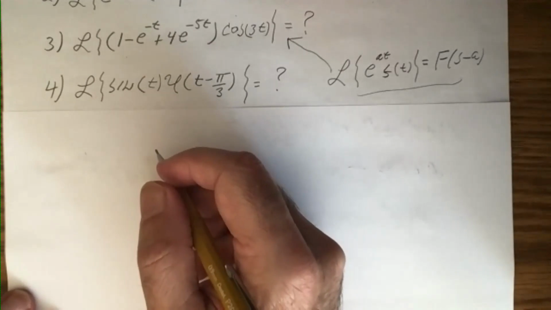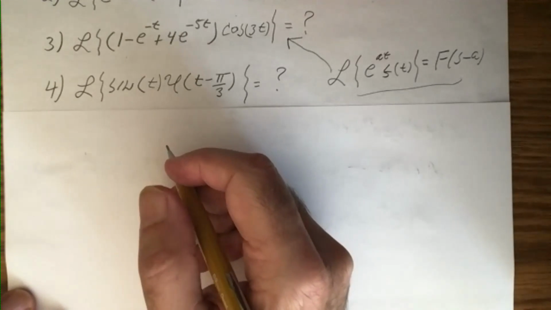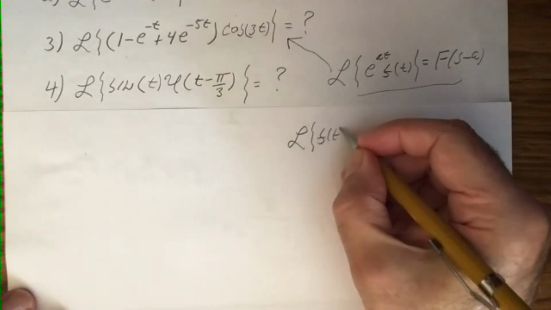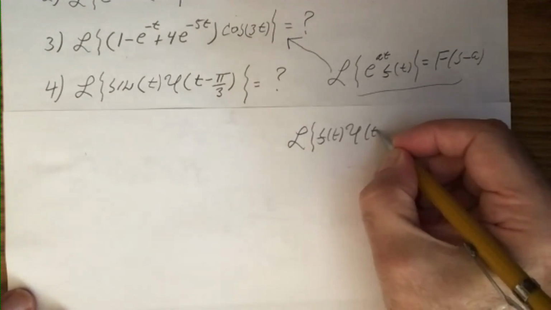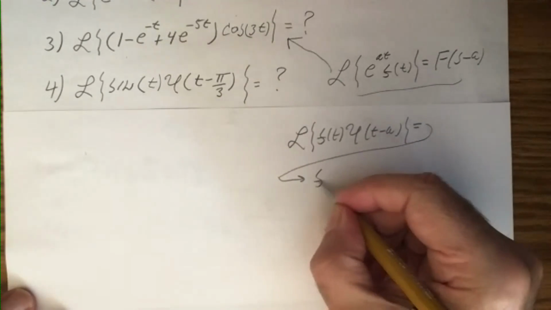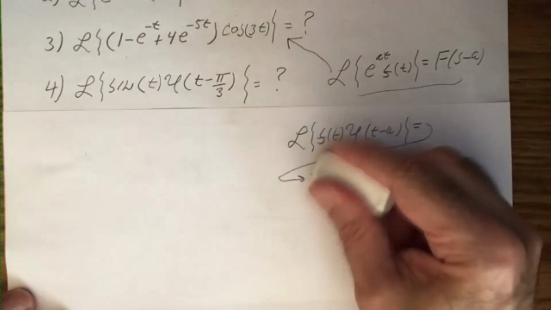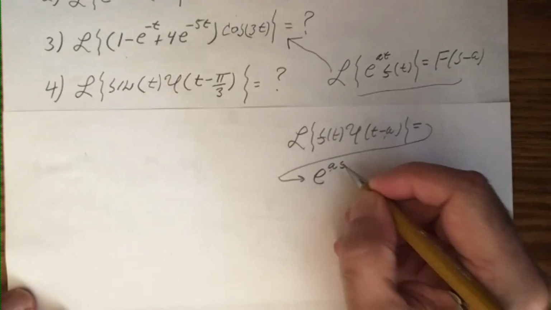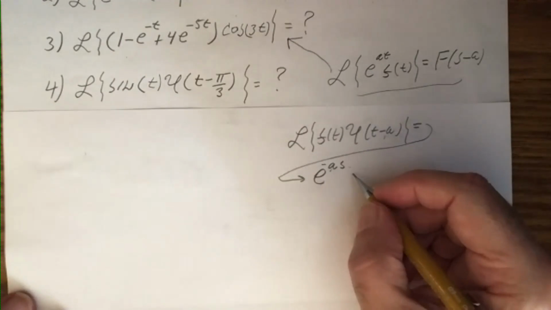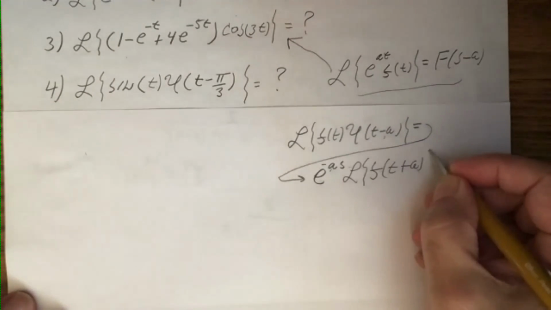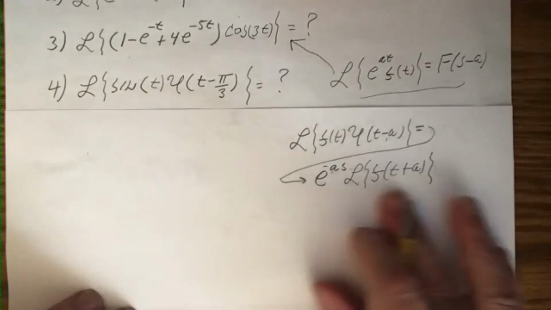The other formula that you need to know is that the Laplace transform of some function times the unit step function is equal to e to the minus a s times the Laplace transform of f of t plus a. This is one of the ones that we derived yesterday.